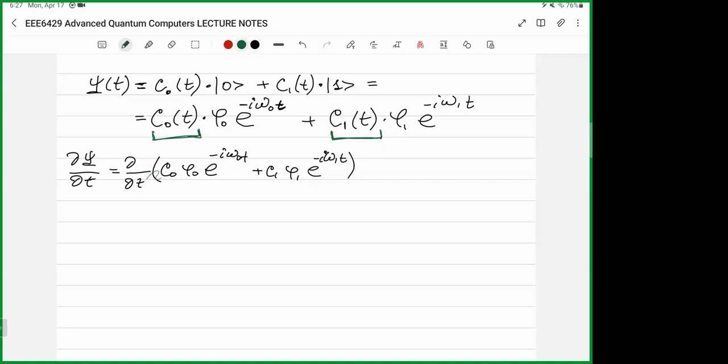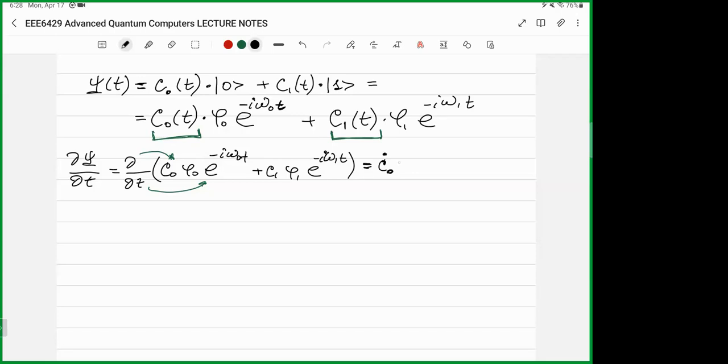This time derivative, of course, acts on the c coefficients, because they depend on time, and also on the harmonic factor, which also depends on time. So what we get here is c sub 0 dot, which corresponds to the time derivative, using Newton notation for the time derivative.